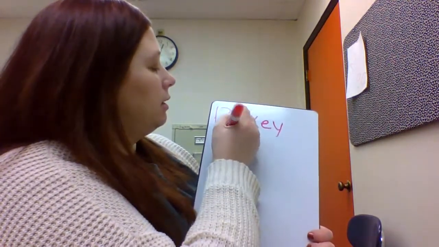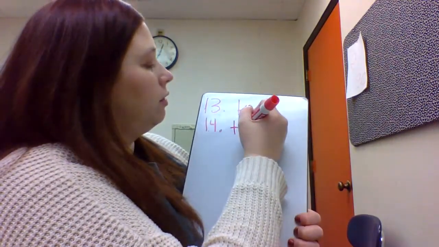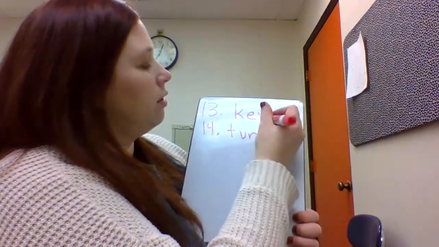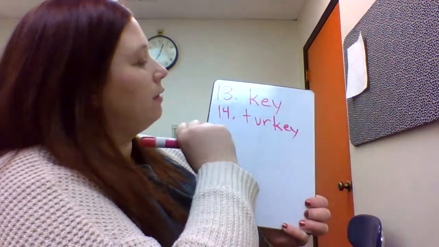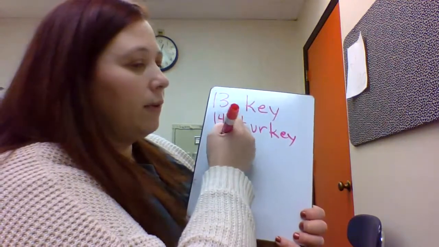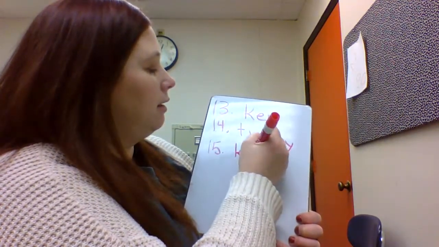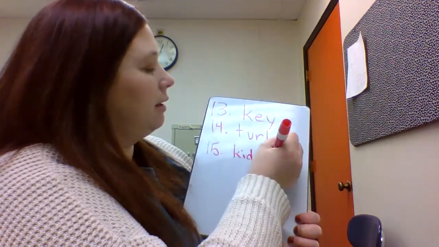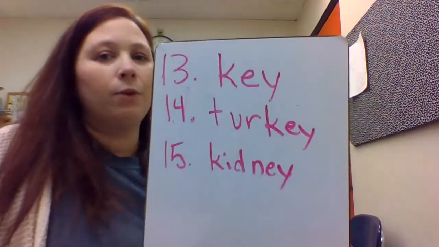Silly Miss White. Number 14 is turkey. So R-U-R combination. And then key again. We already have key right there. It's the same. Number 15. Kidney. K. And then knee. All right, make sure you have those down.